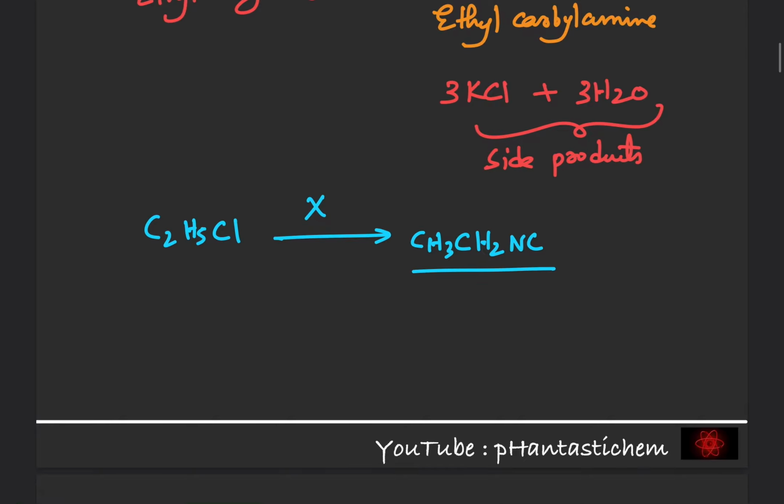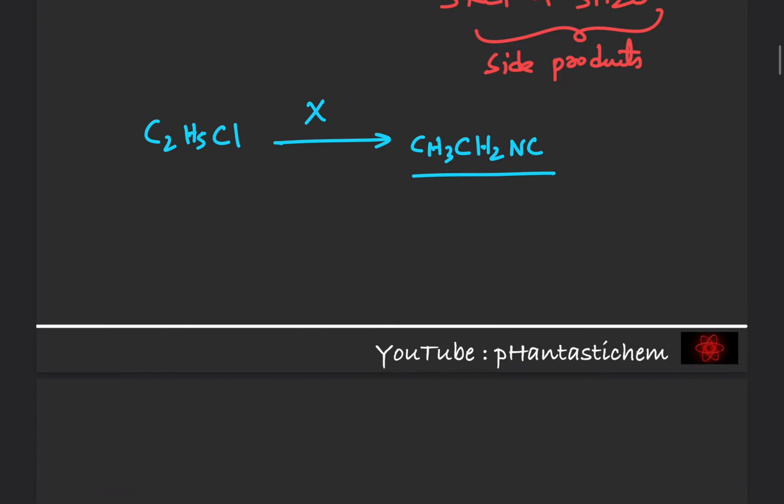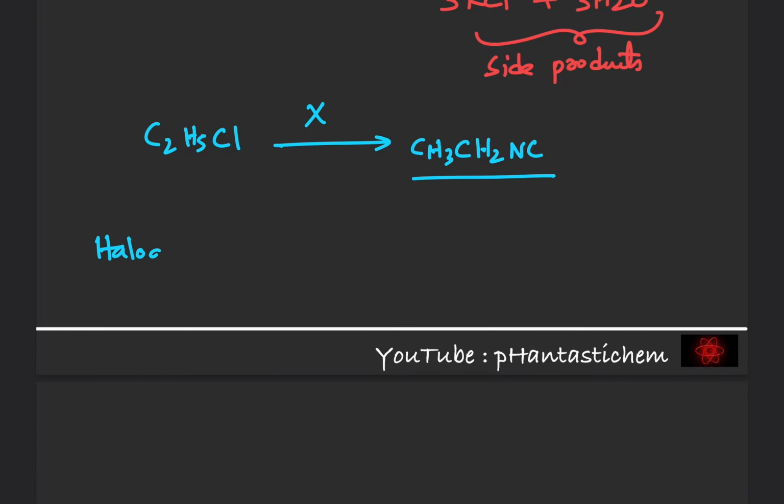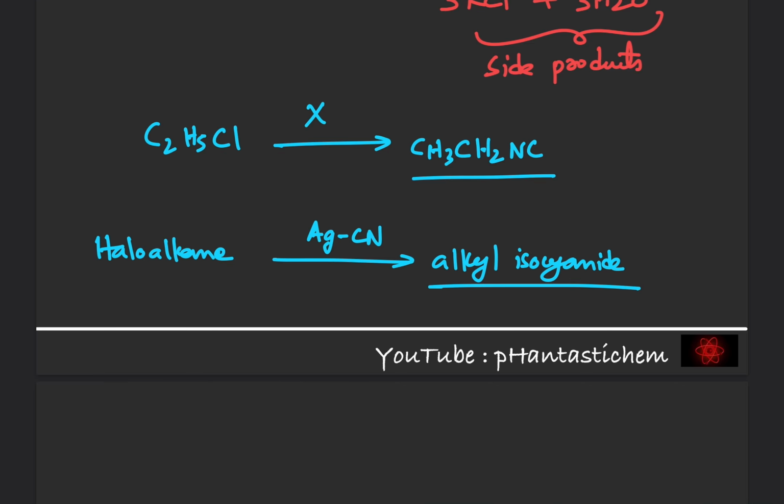Here we start with chloroethane, which is a haloalkane, and when a haloalkane is treated with silver cyanide, that is AgCN, we get alkyl isocyanides. And these alkyl isocyanides are also known as alkyl isonitrile or alkyl carbylamine.